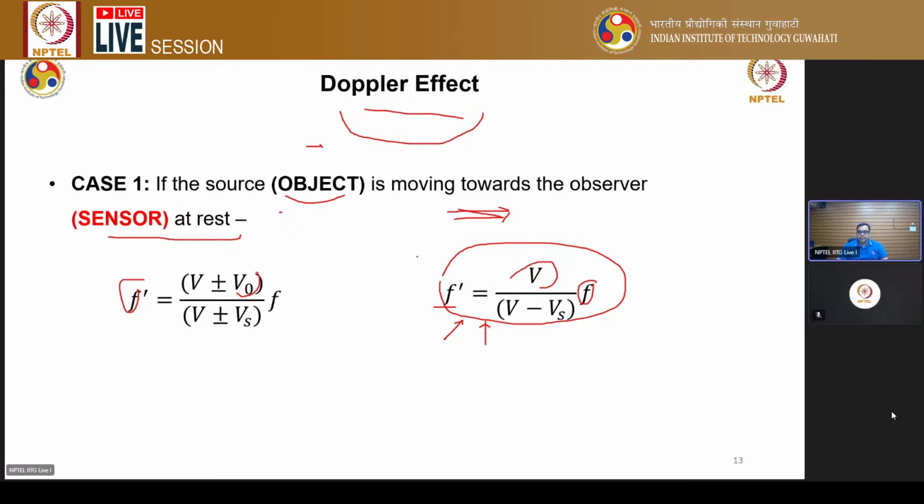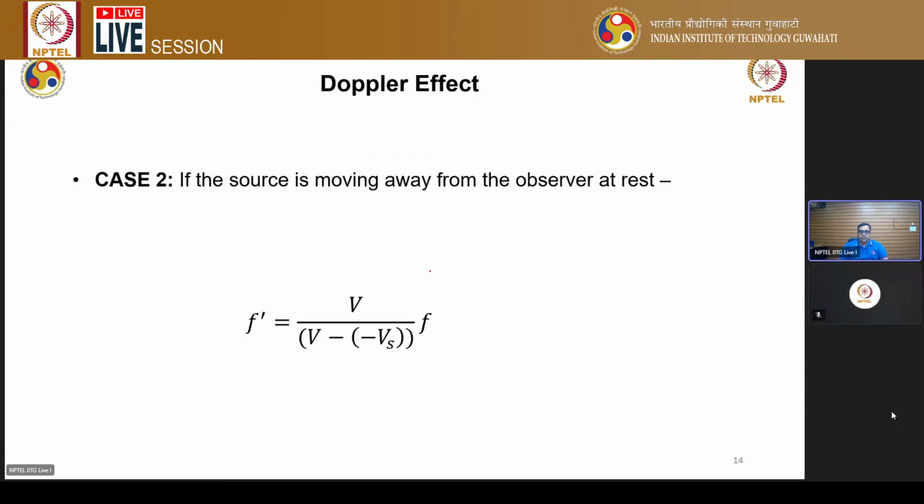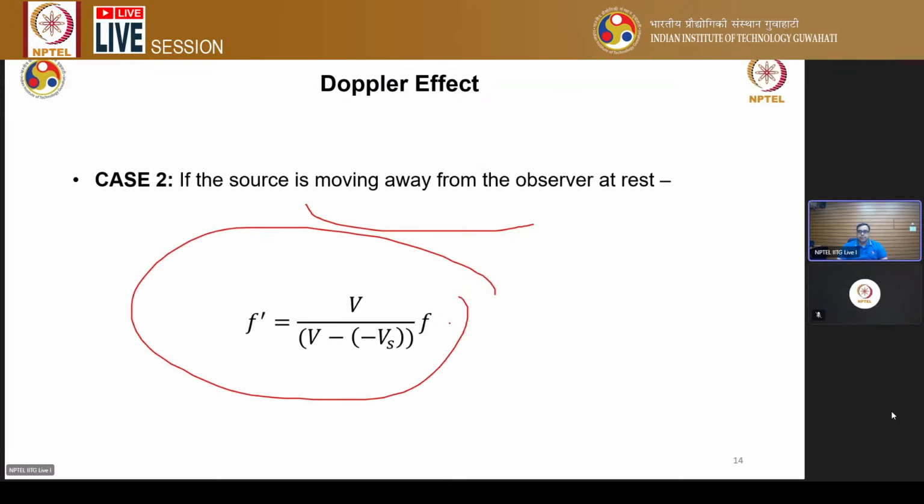The frequency shift is what the Doppler effect gives you. There can be other cases also, like if the source is moving away from the observer, then the change of frequency can be given by this.